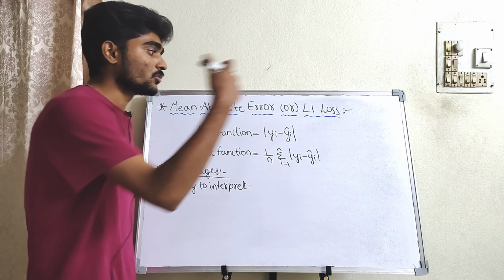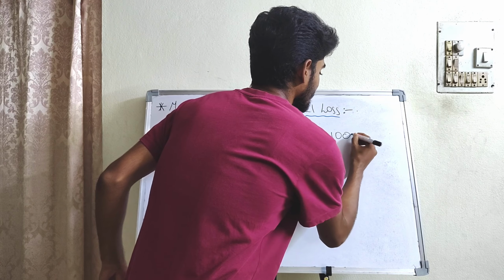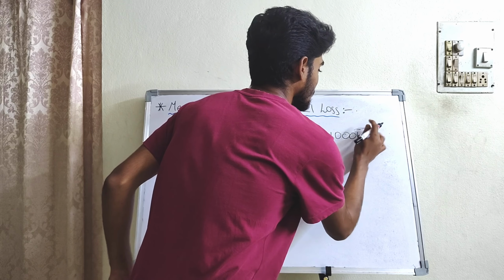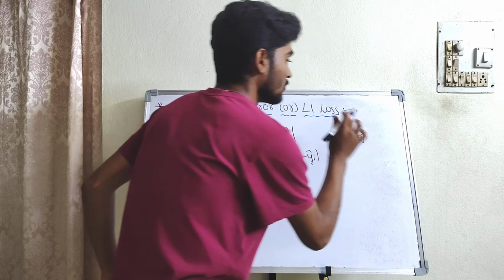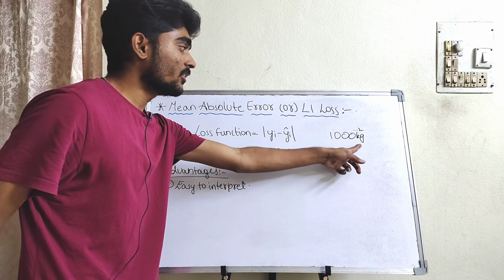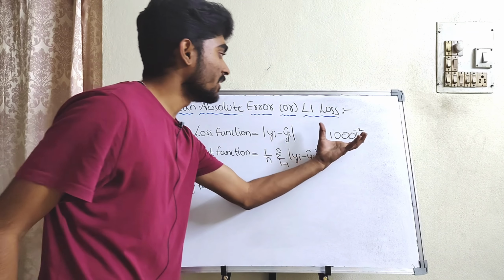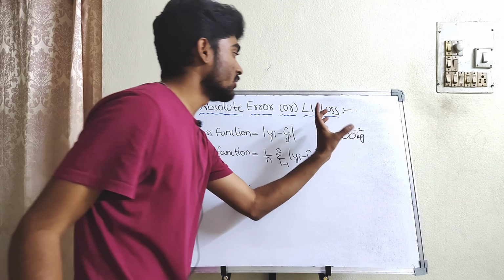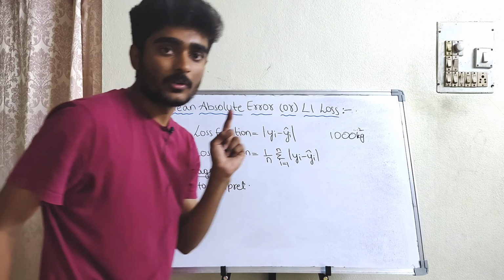We used to square it, that is 1000 kg whole square. We even used to square the units, so we need to calculate the square value for the units as well.